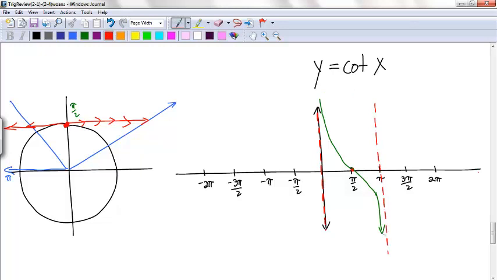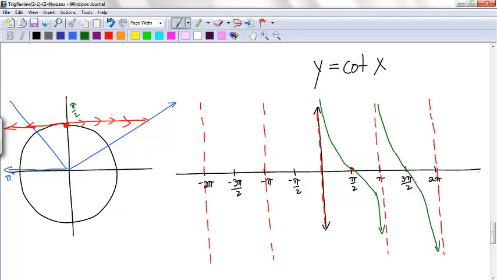So does cotangent cross the y-axis? No. At 2 pi there is another vertical asymptote, at negative pi and negative 2 pi. And notice the curve is different than tangent, and there's an arrow on both ends.